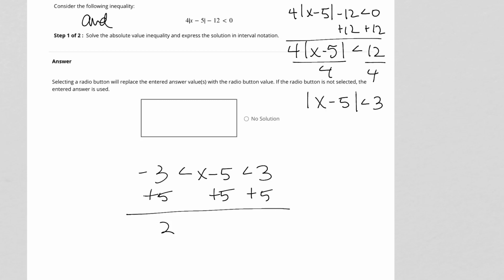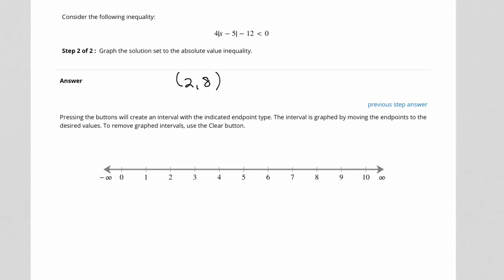That gives me 2 is less than x is less than 8. So those are just strictly less thans, which means parentheses, 2, 8. So my solution was 2, 8. A parenthesis that opens to the right at 2, a parenthesis that opens to the left at 8, and I'm going to shade in between.